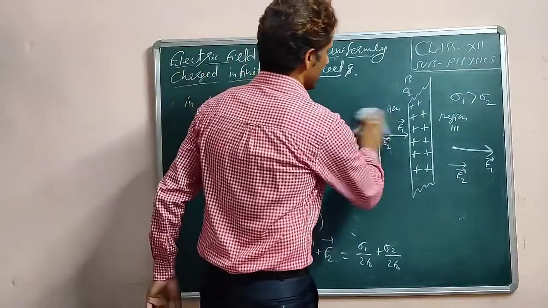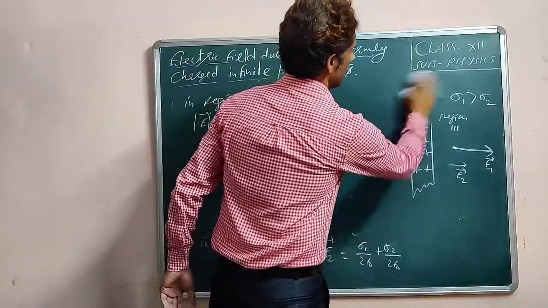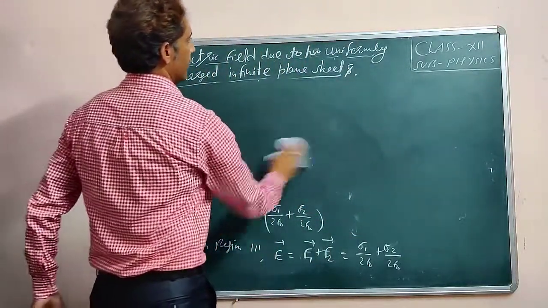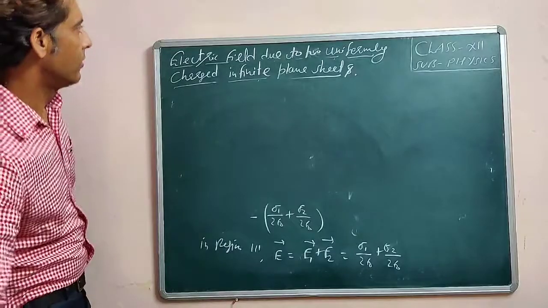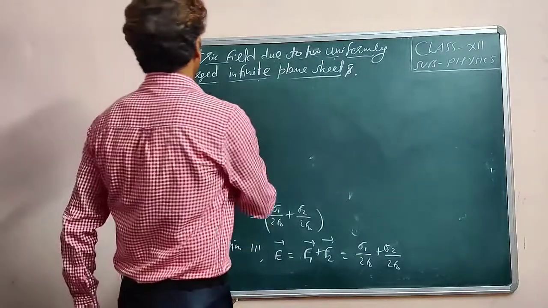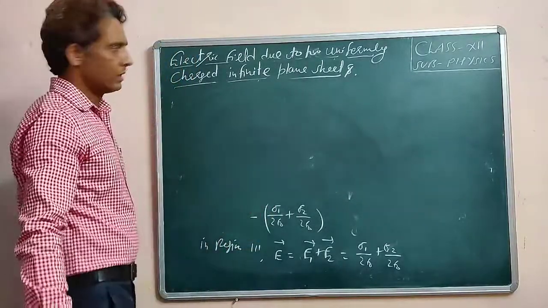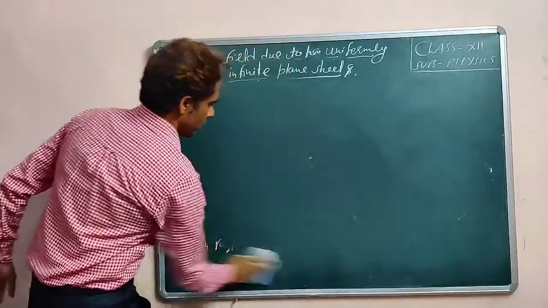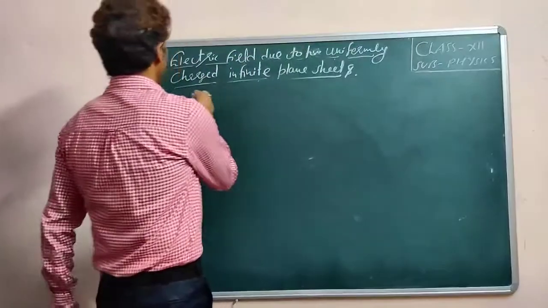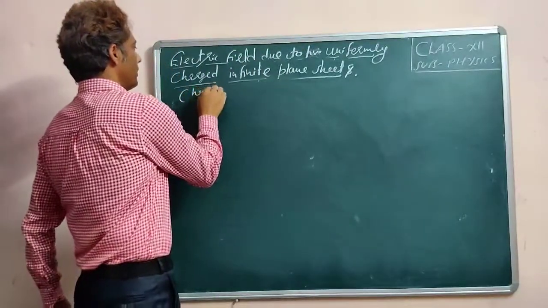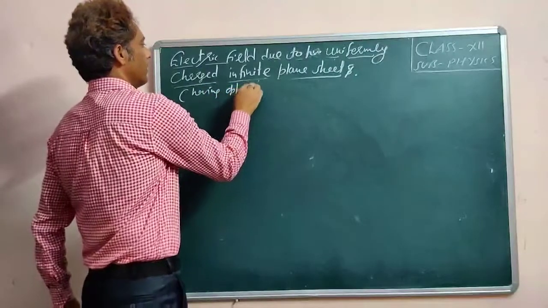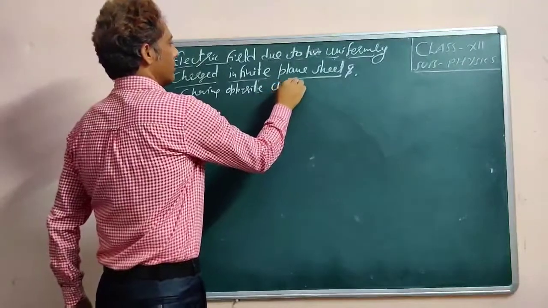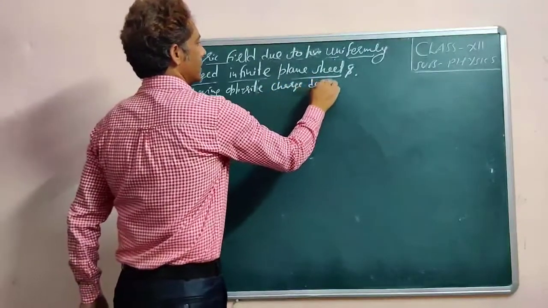So the last case: electric field due to two uniformly charged plane sheets having opposite charge densities.